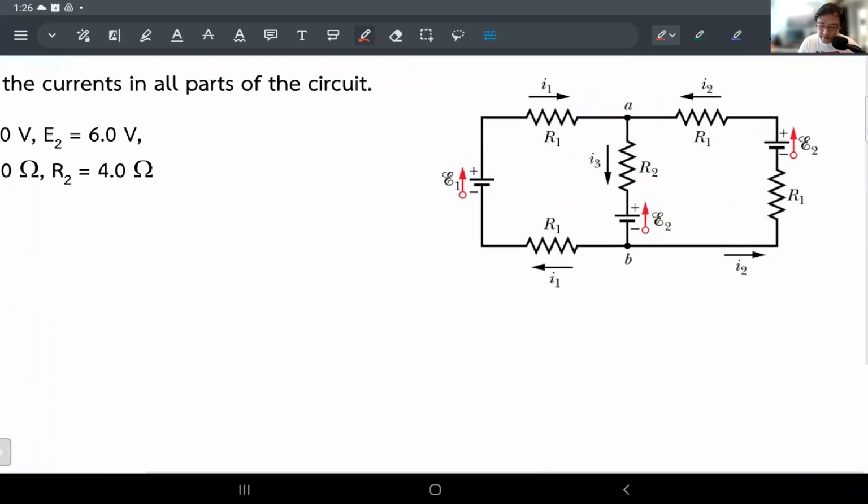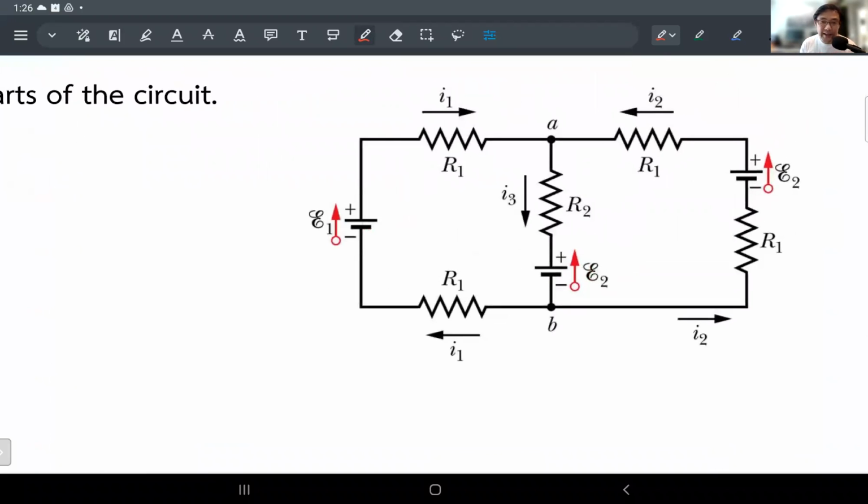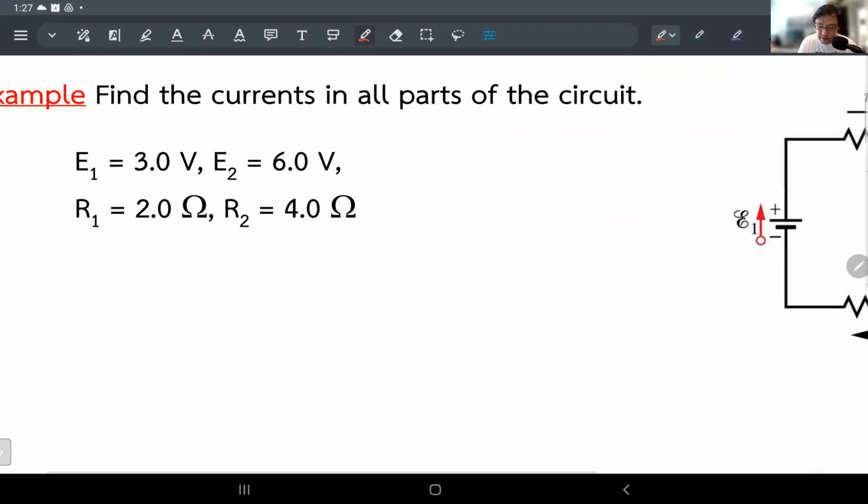Just based on what we just learned, you all now know how to do this. First thing first, look at this circuit for a little bit. And then imagine that if you didn't have Kirchhoff's rules, how could you solve these problems? The problem is simple. Find all the current flow in the circuit, I1, I2, I3. That's it. That's the question of this problem.